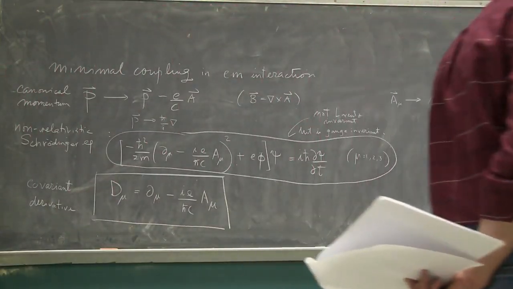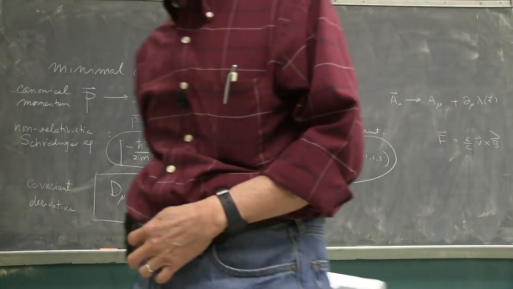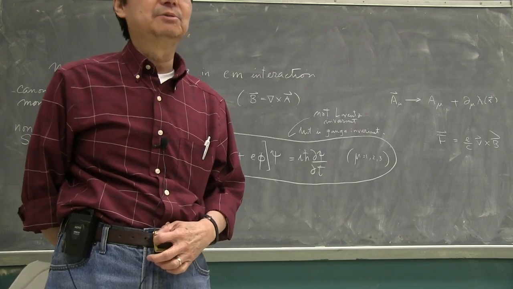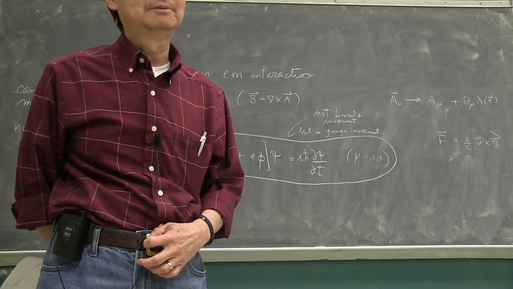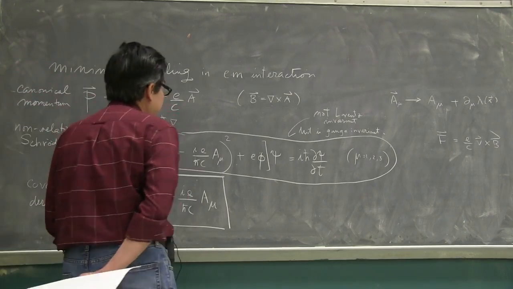So that already says that there's something radically different between the quantum mechanical description of the motion of an electron and the classical description of the motion of an electron, when that electron is subjected to an electromagnetic force. So the way to save this would be to do something like this.